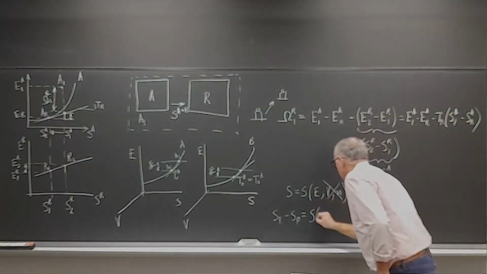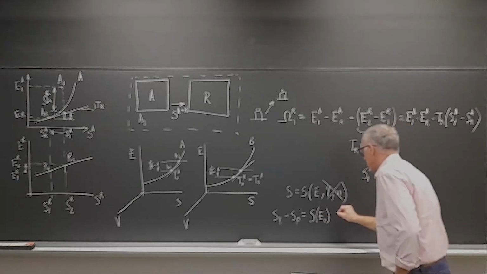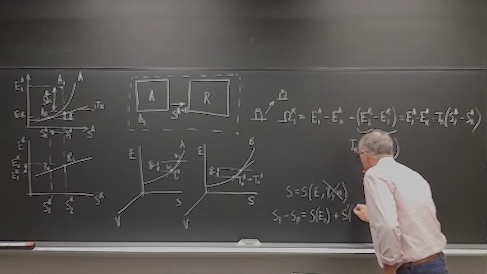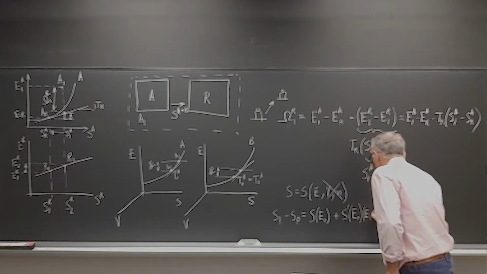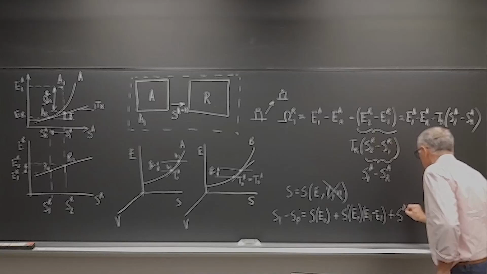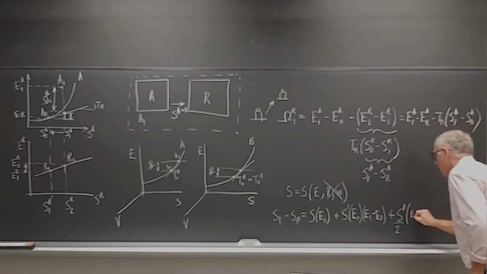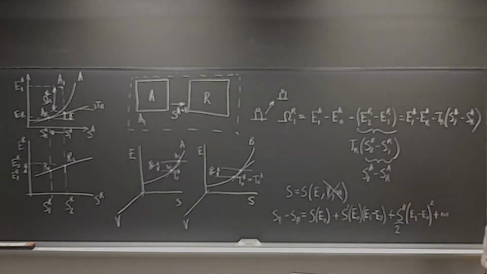That would be S of E0 plus S prime of E0 times E1 minus E0 plus S double prime divided by 2, or 2 factorial, whatever, it's the same, times E1 minus E0 squared plus dot, dot, dot, and the series continues.